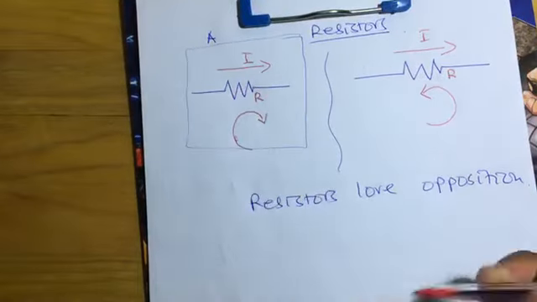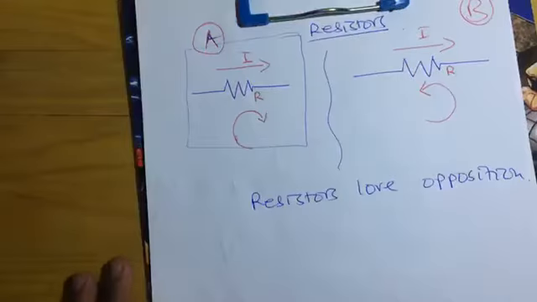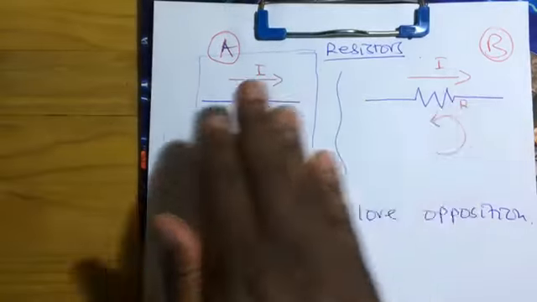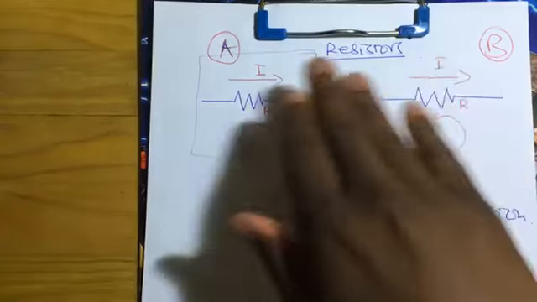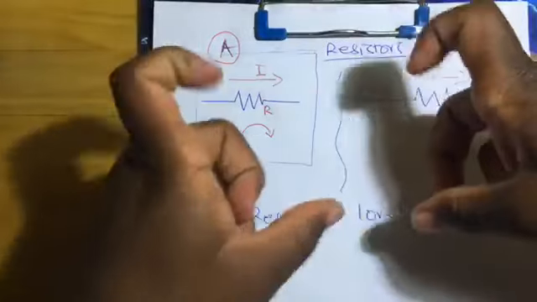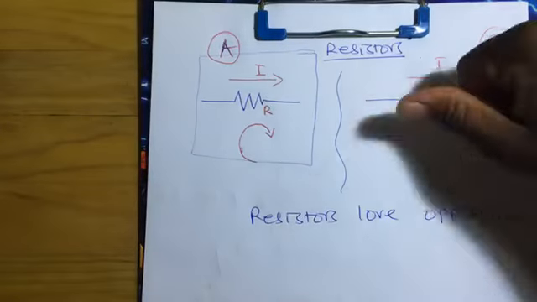And if you look at these two setups, this is going to be setup A, this is going to be setup B. Between setup A and setup B, which of these two has opposition, according to the way that we have phrased it? Setup B is going to have opposition.